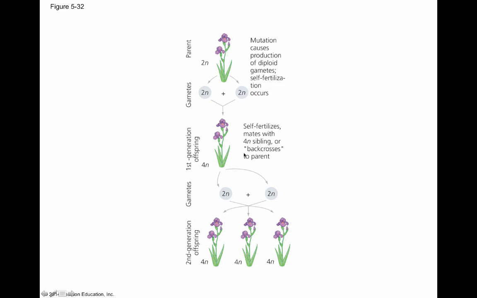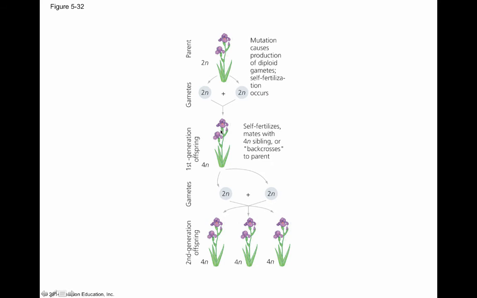If they reproduce with one another, you initially get these 4N individuals. Because triploids, 2N and 1N gamete pairings, or triploid zygotes, are generally infertile or of much lower fertility, you would very quickly separate 4N from 2N populations.